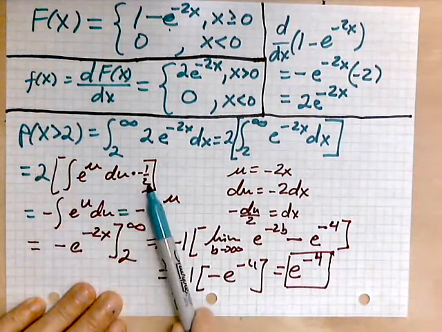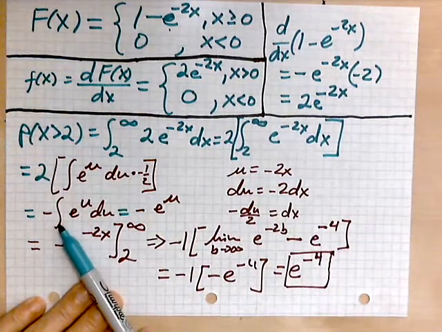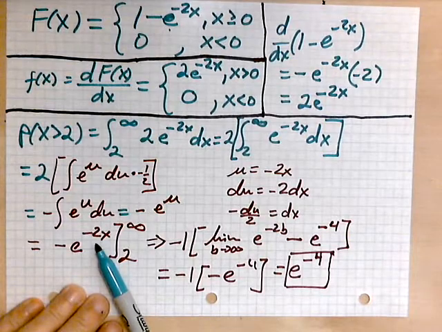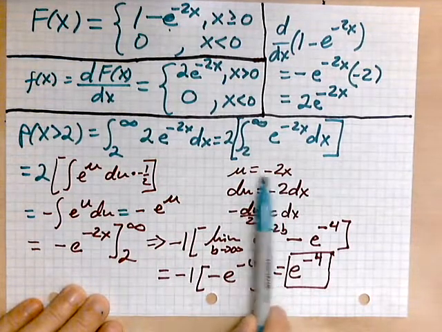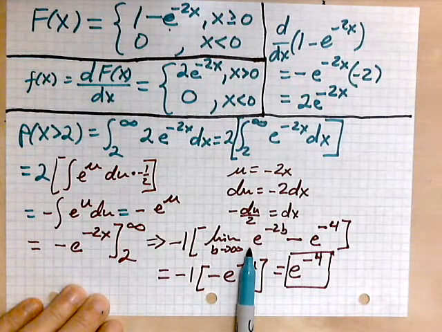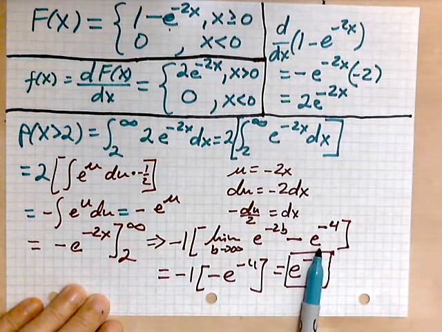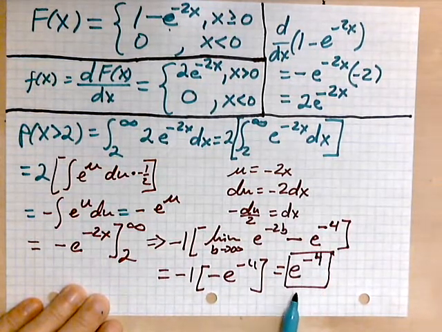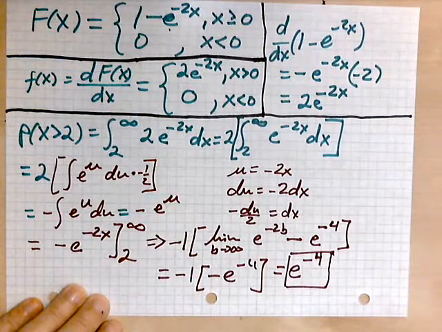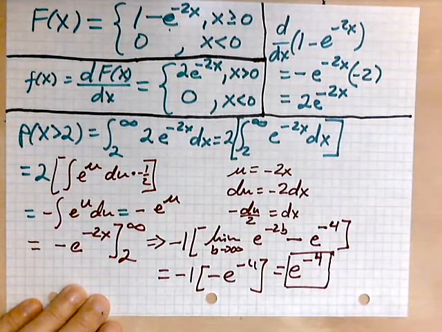Cancel this 2 and that 2. And to return to x, replace u with negative 2x because that's how we defined it. Stick in the upper and lower limits of integration, evaluate this quantity, and obtain your final answer of e to the negative 4 as the probability that x is 2 or more, from 2 to positive infinity. There you go.